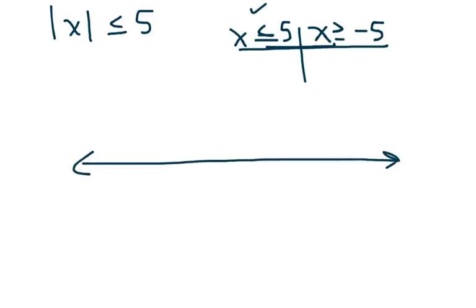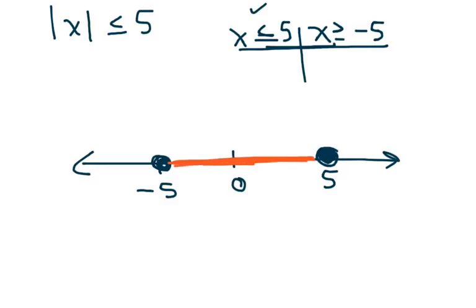I'm going to graph this and show you what this looks like. Put my 0 here, negative 5 here, and 5 here. It says x is less than or equal to 5, so it can equal 5, and greater than or equal to negative 5. I'm going to shade this in, and it's an and statement.